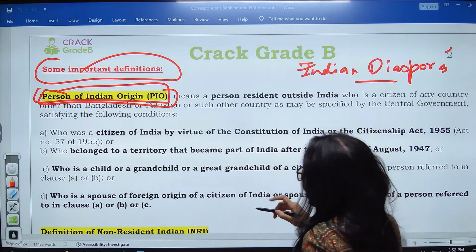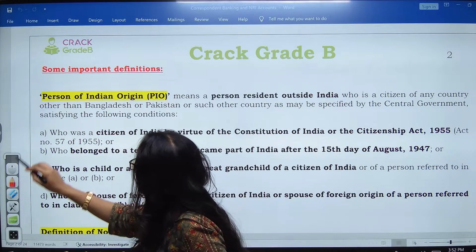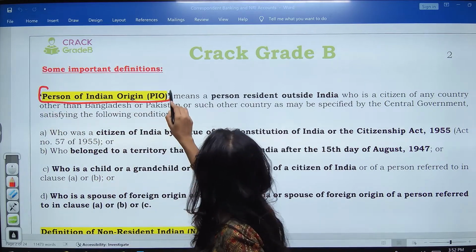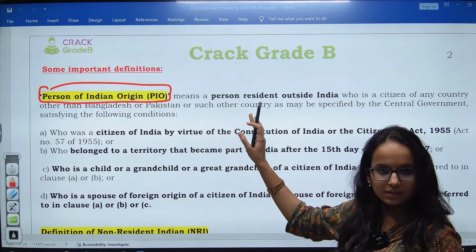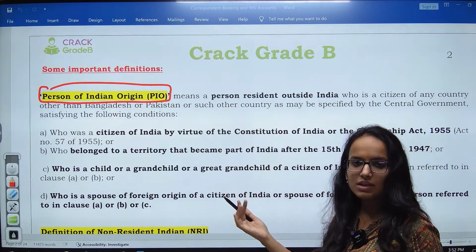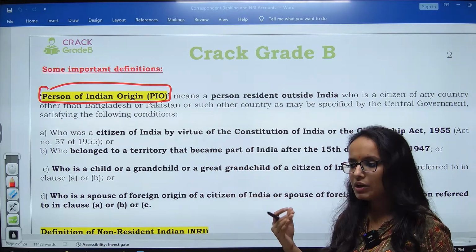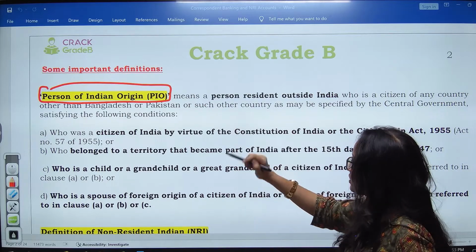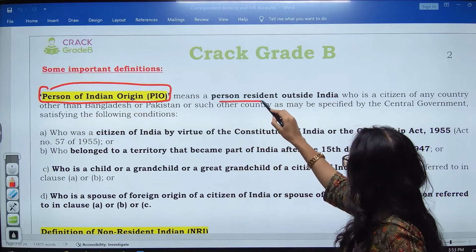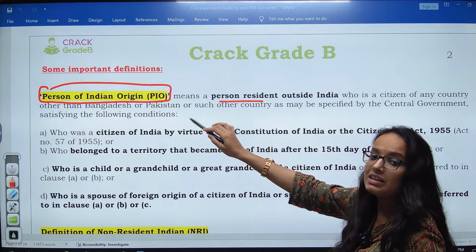So PIO, person of Indian origin. You have to listen carefully, and these things are just to be remembered. When you read them a number of times, you will get a catch on them. First is PIO, a person of Indian origin.